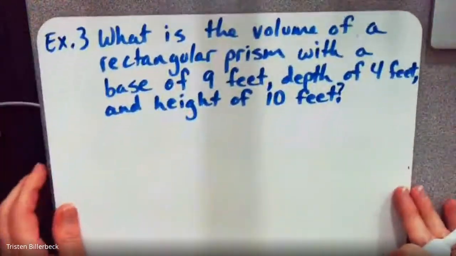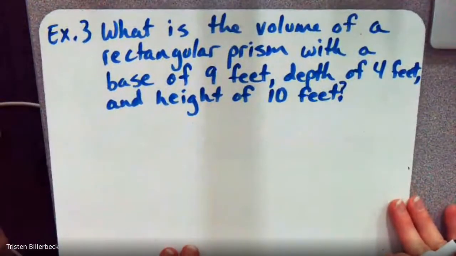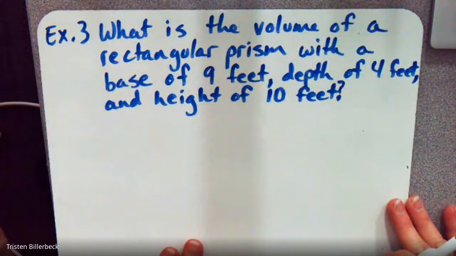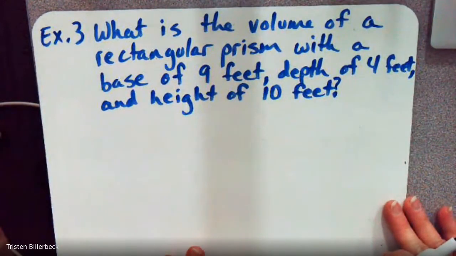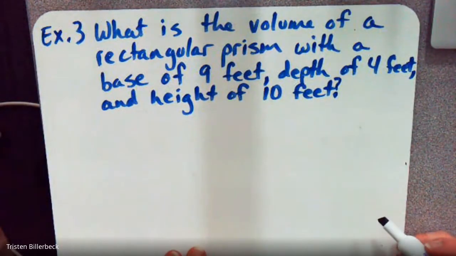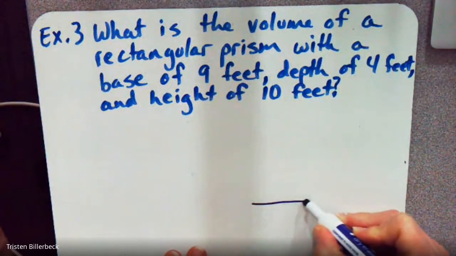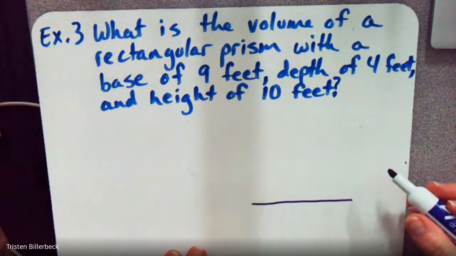All right, let's look at another example of volume. So what is the volume of a rectangular prism with a base of 9 feet, a depth of 4 feet, and a height of 10 feet? So these are different words that mean something that we've already been doing.